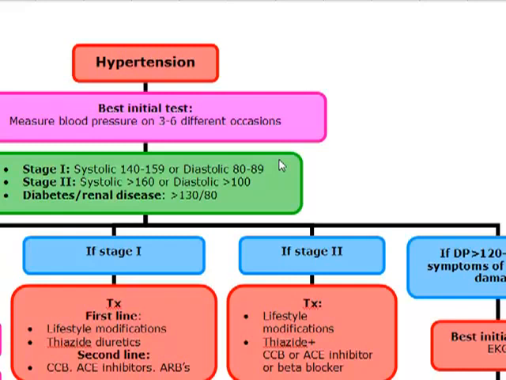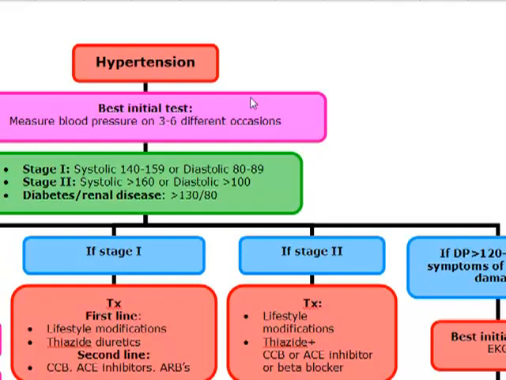Okay? And prehypertension is going to be classified as either or. What I mean by that is either they have a systolic between 120 and 139 or a diastolic between 80 and 89. Either or. You only need one in order to have a diagnosis of prehypertension.